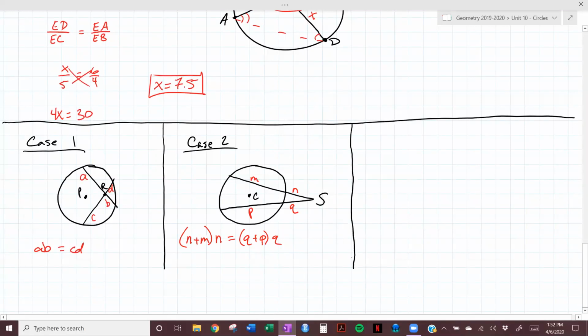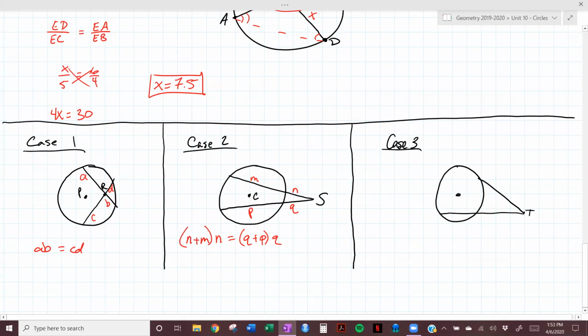And lastly, we have case 3. So in this situation, we have our circle here. We have our circle here. There's our point there. Goes right there. Nope, I drew it too far. Right there.